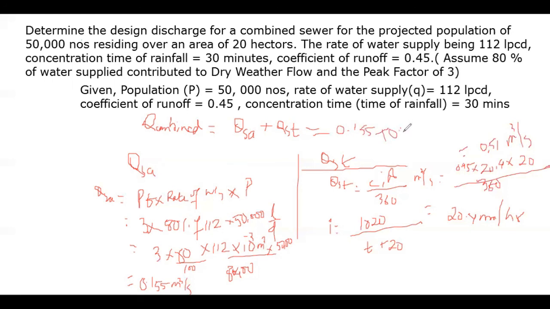If we add this, we will get the value of Q combined, the discharge in the combined sewer, as 0.665. So 0.665 cubic meter per second will be the required answer in the combined sewer.